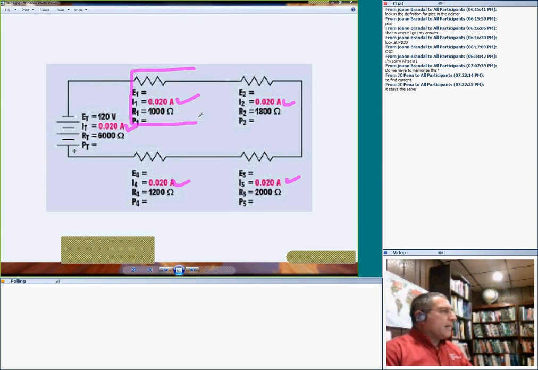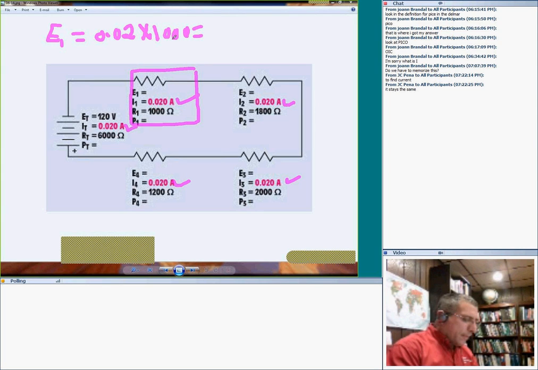Now I can analyze this branch. I find the E1. Can you see that E1 now is a piece of cake? Because you can take the current and multiply that current by the resistor, and that will get you 20. Piece of cake. So I can find the voltage is 20.